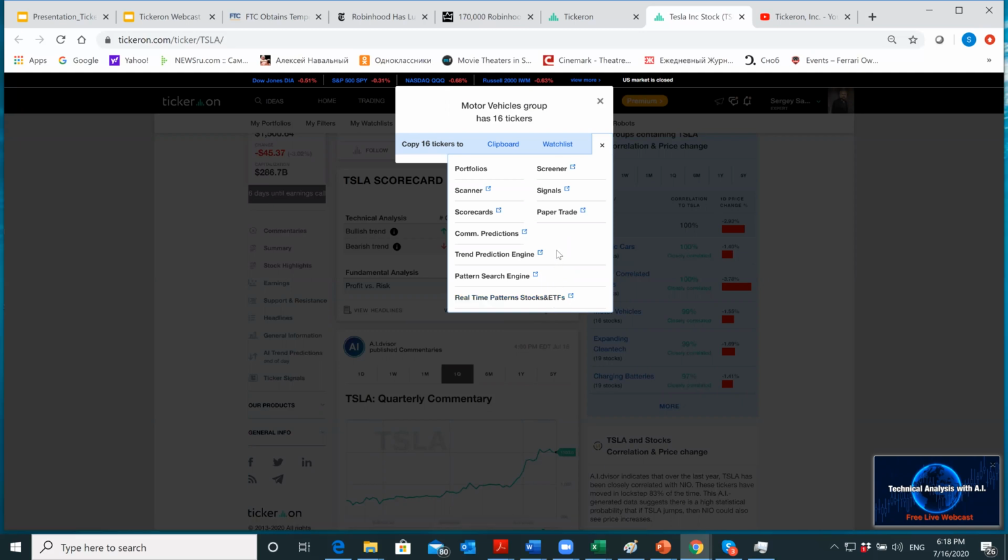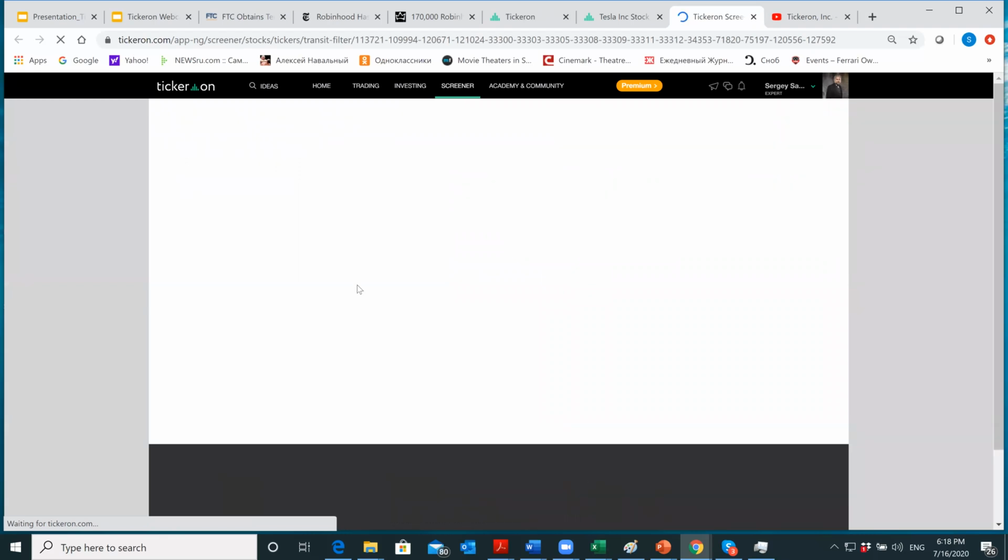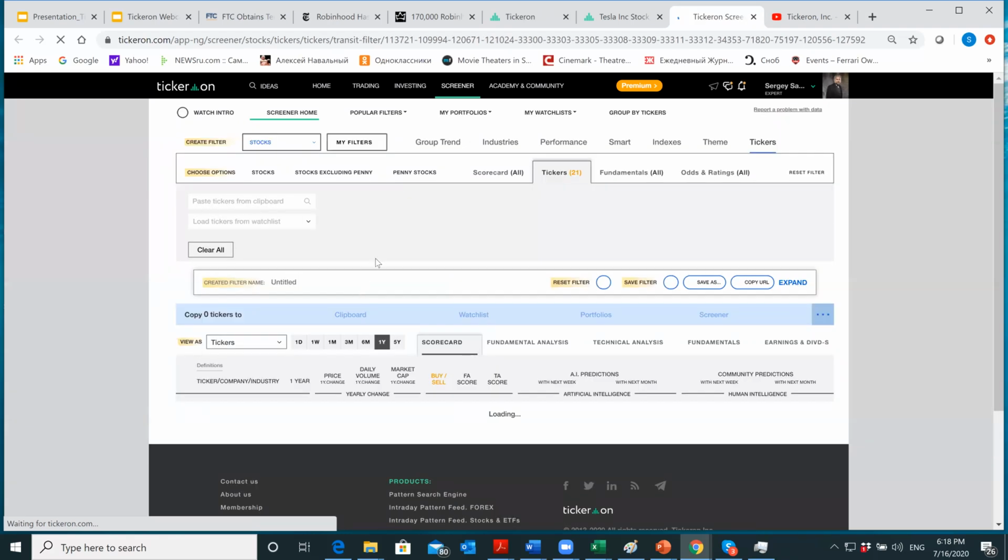Okay, so let me just show you for the sake of a demonstration. I will click it here. I'm going to move all these stocks to the screener. Okay, and all the stocks are now in the screener. And as you can see, it's getting loaded here.